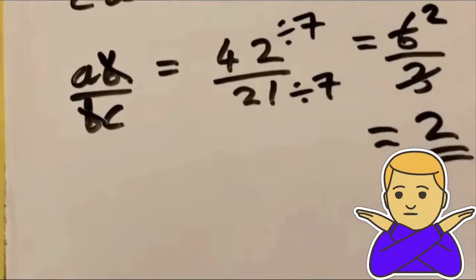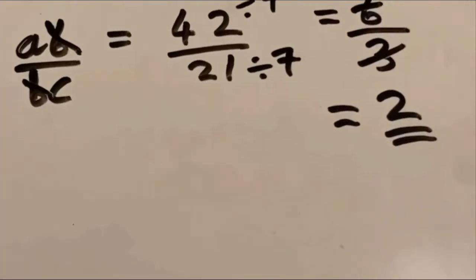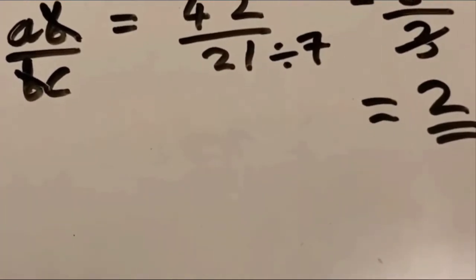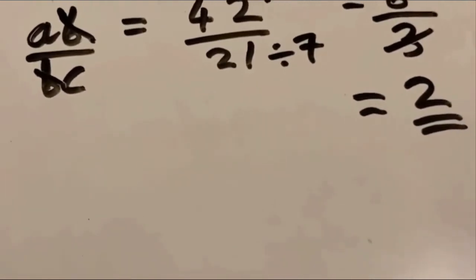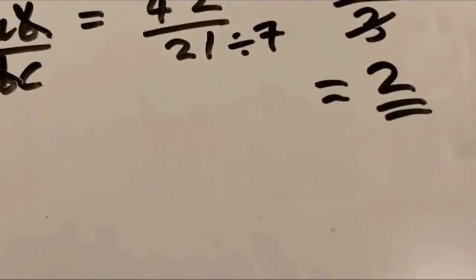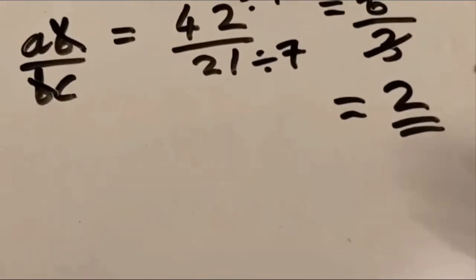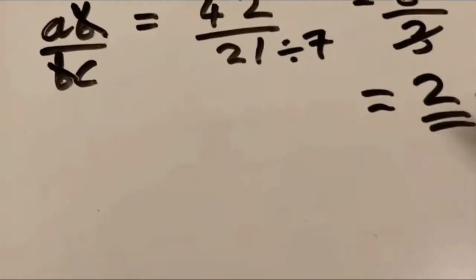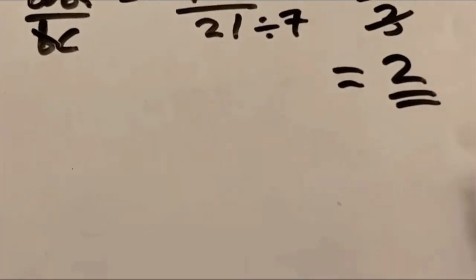Actually, you could directly see that 42 is double of 21, so this would be 2. Or if you miss that directly, you can always simplify the fraction until you get an answer where there are no more common factors, like in this case 2 over 1, which is obviously co-prime, and 2 over 1 is the same as 2.